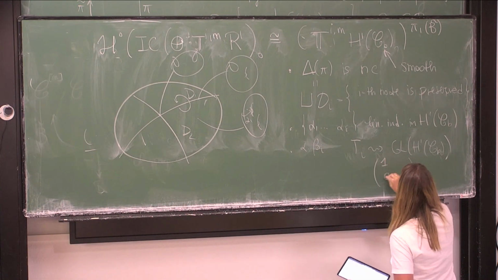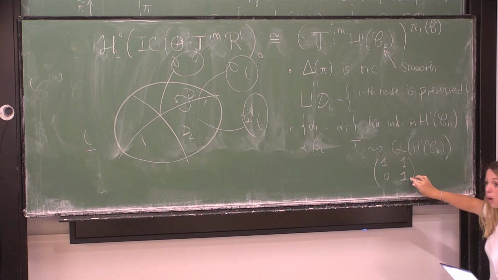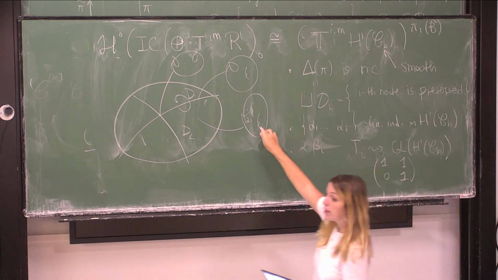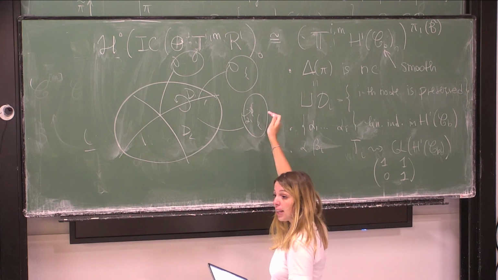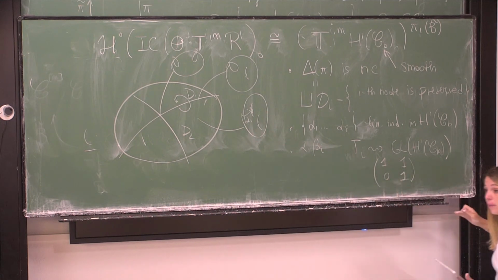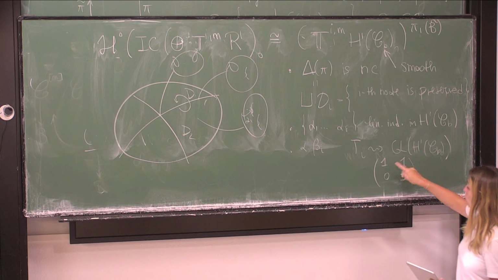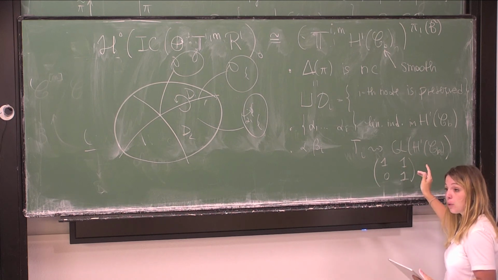I chose a Jordan block in correspondence of alpha i and beta i, and the identity elsewhere. And indeed, the monodromy is described by the Picard-Lefschetz formula.